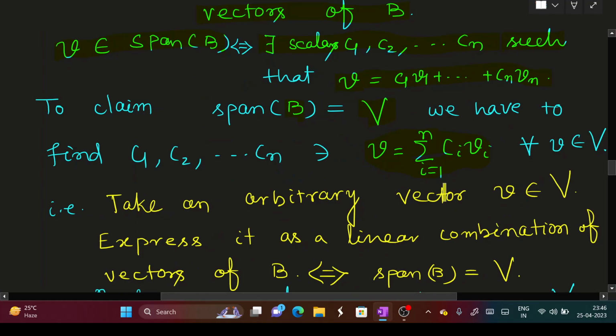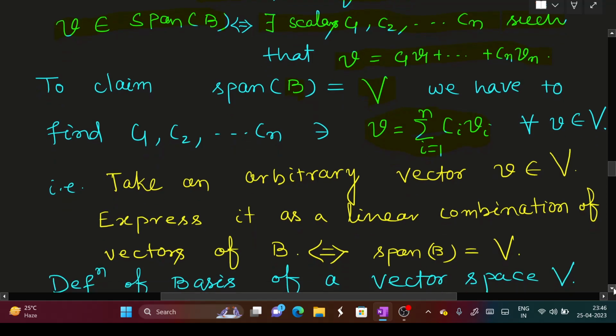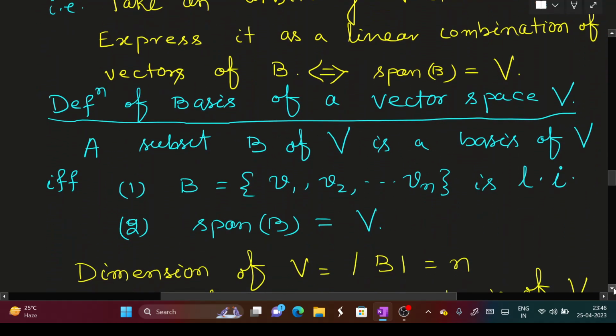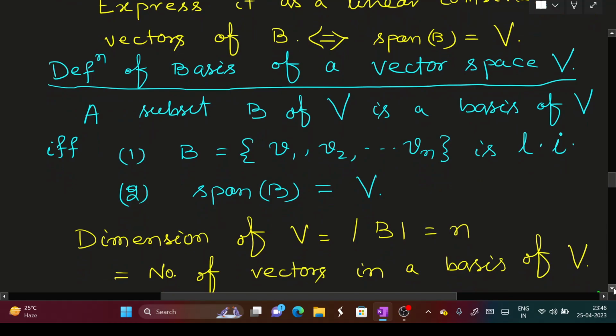Now, what we are going to discuss is basis of a vector space.